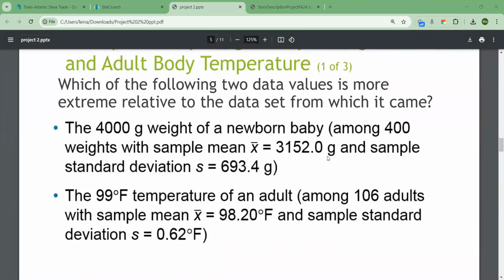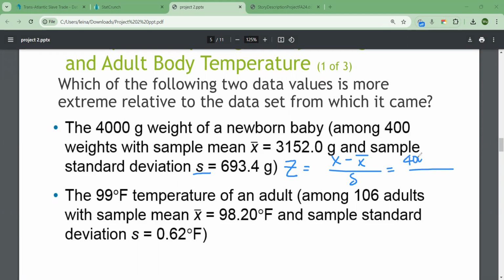Okay, quick example. Which of the following two data values is more extreme relative to the data set from which it came? A 4,000 gram weight of a newborn baby, with x bar equal to 3152 grams and a sample standard deviation of 693.4. So we need to find the z-score, which is x minus x bar divided by the sample standard deviation.